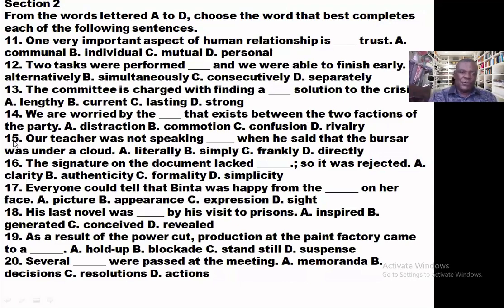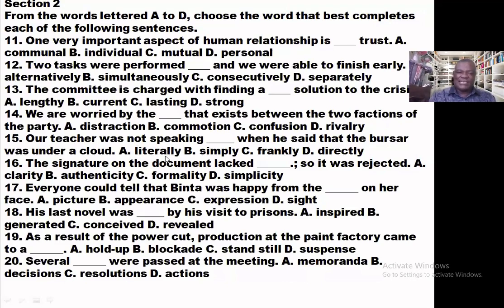All right, so number 15, our teacher was not speaking dash when he said that the boss was under a cloud. When you say someone is under a cloud, you mean that the person is under wide suspicion. People are looking at the person as someone who has done something wrong. But that is an idiom. So in this case, our teacher was not speaking literally.